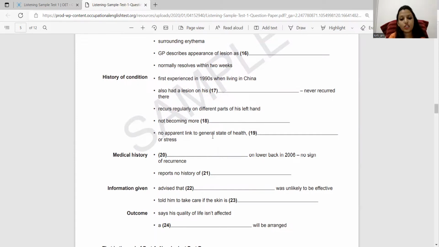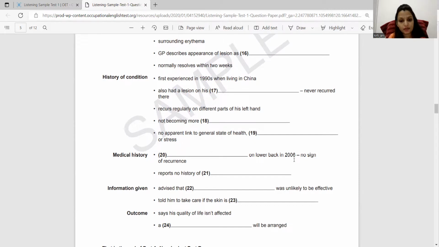No apparent link to general state of health, dash or stress. So you need to think about the continuation of this list. There is no link between what, okay, general state of health, what next, and stress. Medical history, dash on lower back in 2016, no sign of recurrence. So this is a medical history, something happened in the past in 2016 on the lower back, and you need to identify what happened.